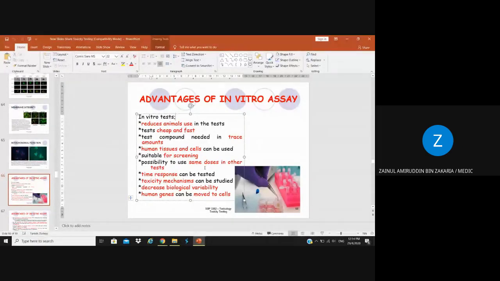Once you have tested it, because the cell is dying, it will release all its content, right? So you can take the content and measure all these metabolites or enzyme expression inside the cell, whether the expression is reduced or increased. From there you can determine the mechanism, hypothesize, and prove the mechanism.